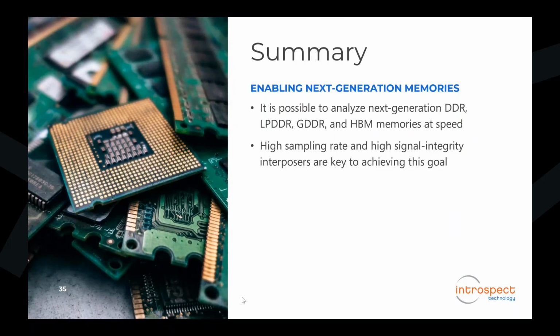And then the second bullet here basically summarizes the two key points that we wanted to convey in this webinar. One is that the analyzer has to have a high sampling rate, of course, to be able to track all these high data rates and also all the instantaneous clock frequency changes. And then the interposers themselves have to have high signal integrity. And hopefully I've shown you that with the slides. And now I will move over to the live setup with a small PC and then show it to you operating live.